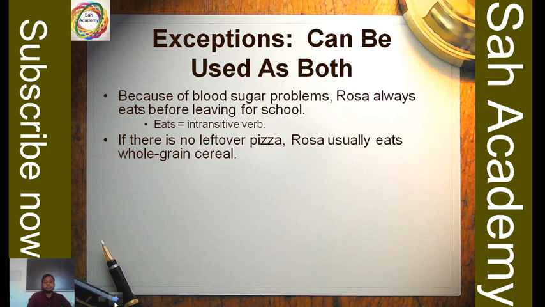So in the first sentence it is intransitive, but in the second sentence it is transitive. Remember that verbs can be both transitive or intransitive, depending on how we use them in a sentence.